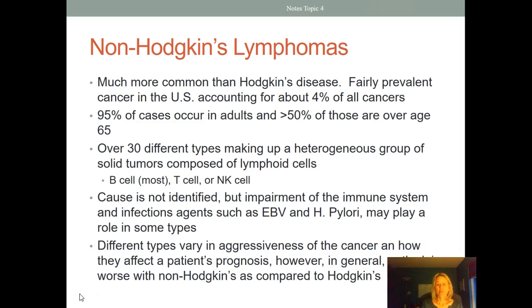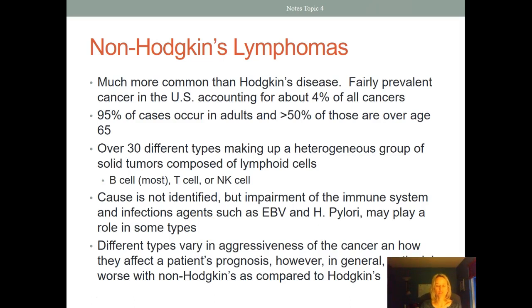There are over 30 different types, making up a very heterogeneous group of solid tumors expressed in lymphoid cells. So most of these are precursor B cells, some are T, or some are NK cells. The cause is not identified, but impairment of the immune system and infectious agents such as the Epstein-Barr virus and H. pylori may play a role in some of the types.